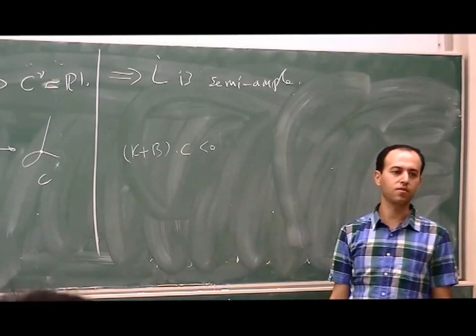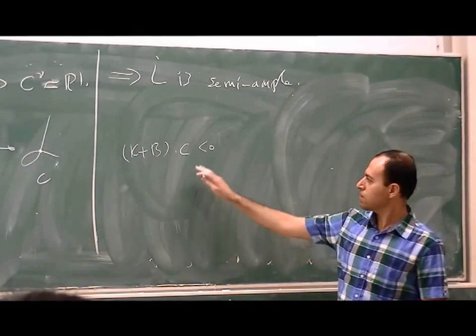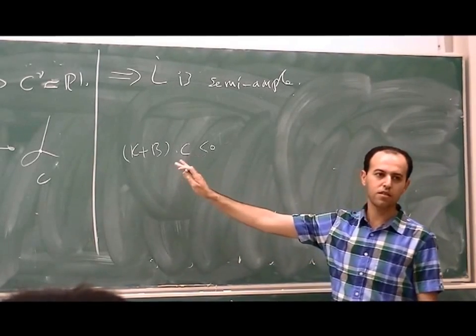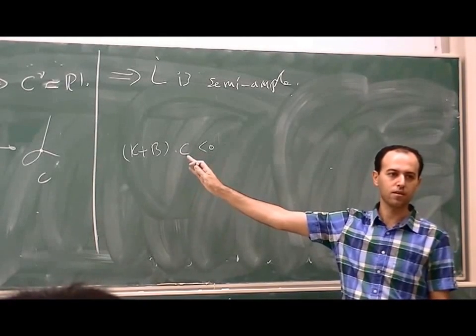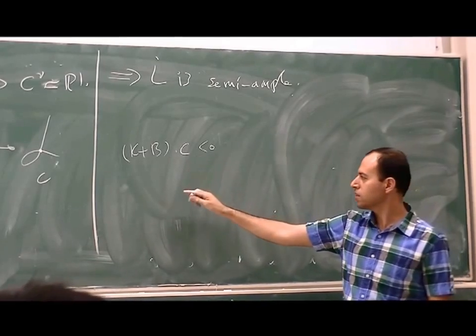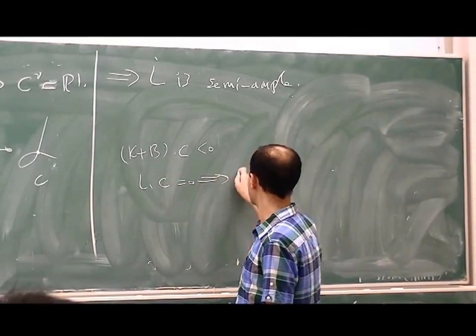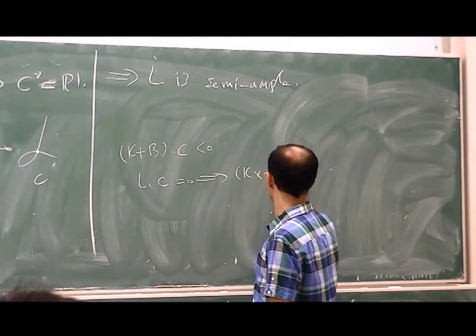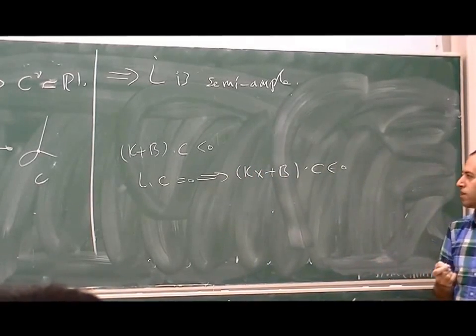So we added some. Is there any relation between this C and the C here? Actually, they are not precisely the same, but some of them will be. They will be among them, not all of them. So if L intersection C is 0, then this is negative, just because of this ample divisor you have.